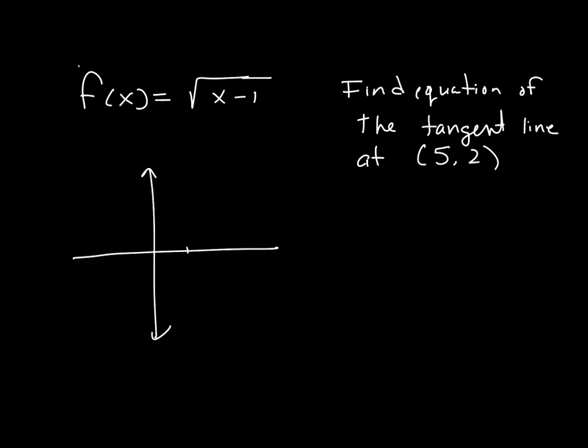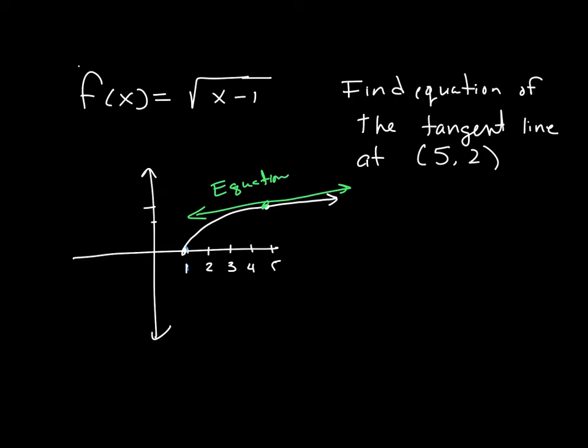So our function starts at 1, and I know it goes through a point 5, 2. That was given to us. So my square root function looks like this, and I am looking for the equation of this line.